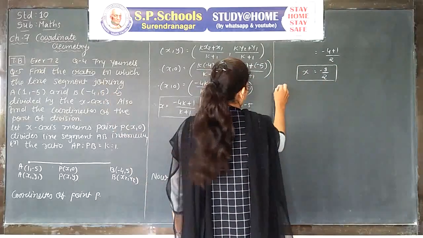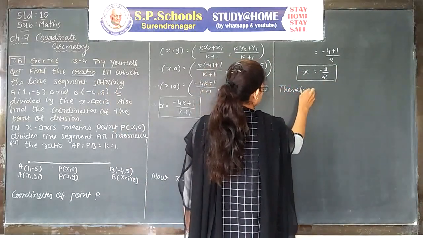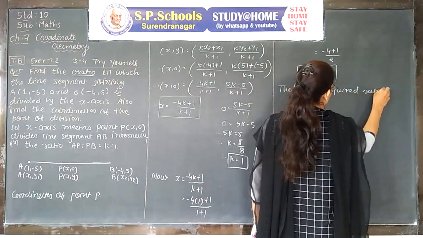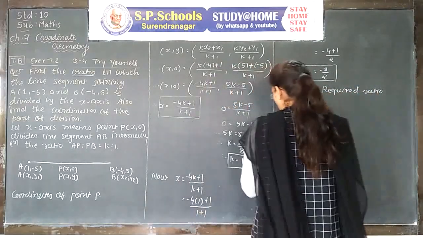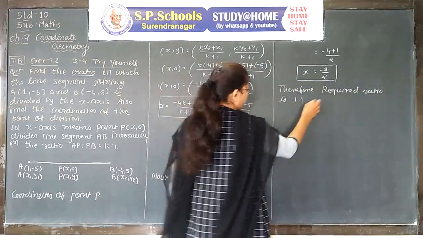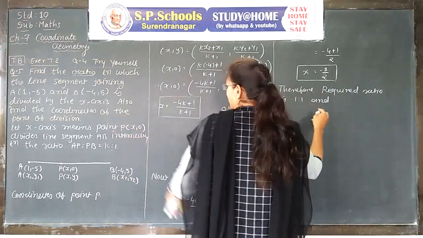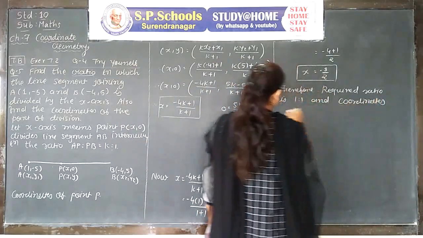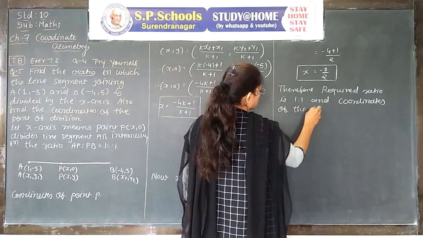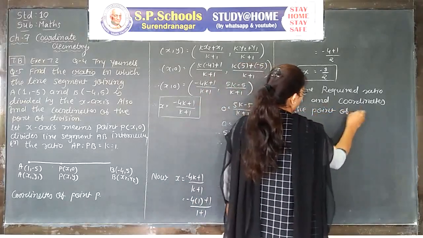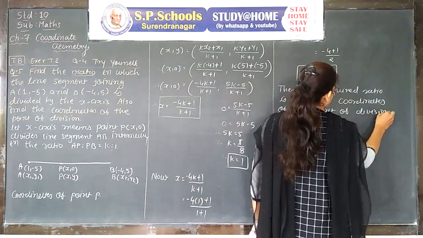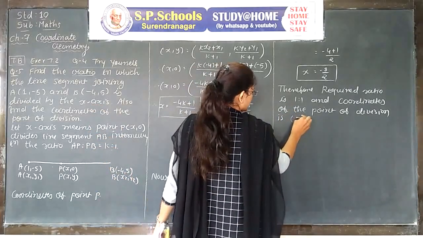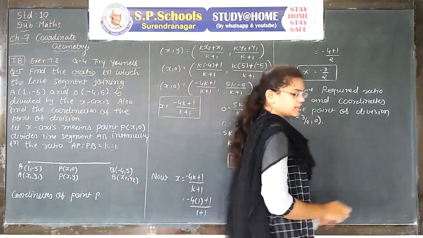That's why both answers are here. Therefore, k is equal to 1, then the required ratio is 1:1, and the coordinates of the point of division are (x, 0), which means x is -3 upon 2 and y coordinate is 0.